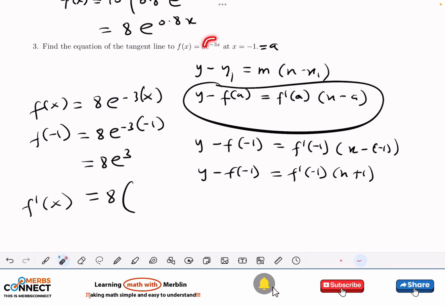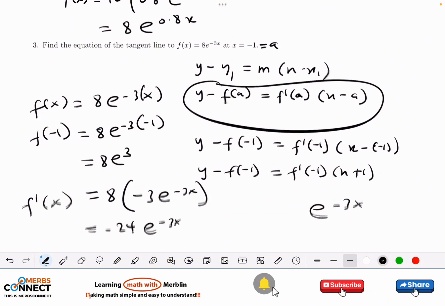Then I differentiate e to the power -3x. As we said, pick the coefficient of the x and multiply by the whole function. So -3 e to the power -3x. And 3 times 8 is 24. So -24 e to the power -3x.